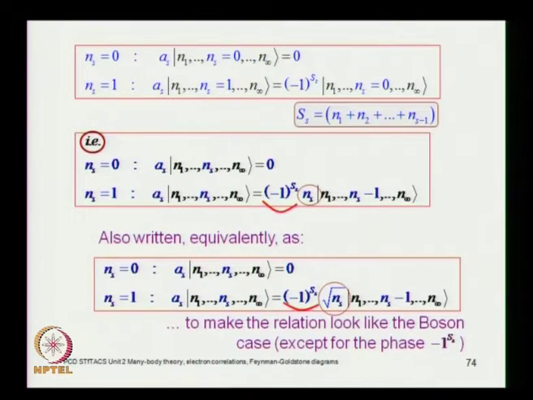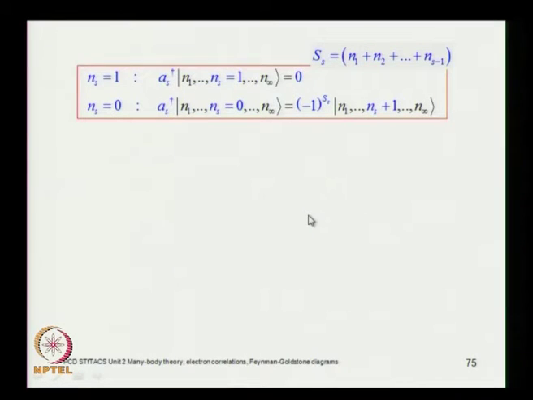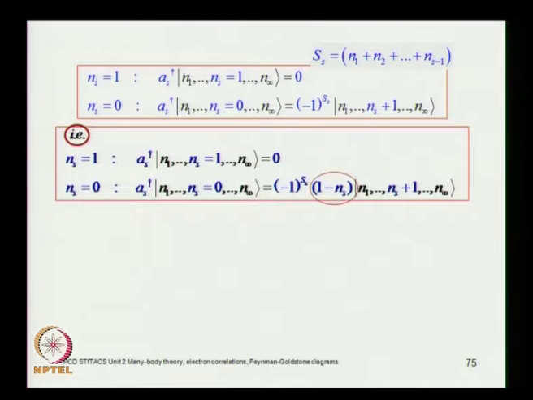Now, likewise you remember that there is this phase factor minus 1 to the power s, and now if you look at the expressions for the creation operators, you can write these results as 1 minus ns, okay, because if ns were 0 you get 1 times this, and the occupancy goes up by 1 from 0 to 1.